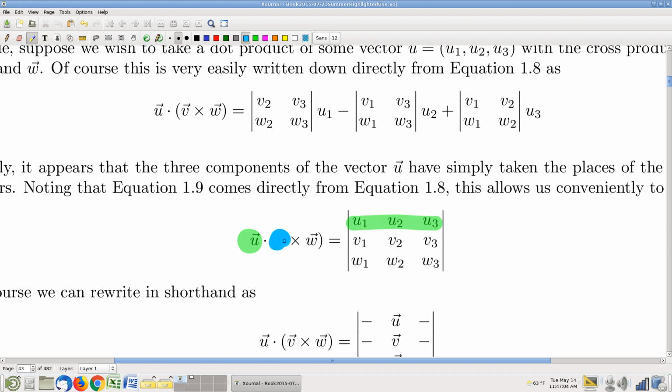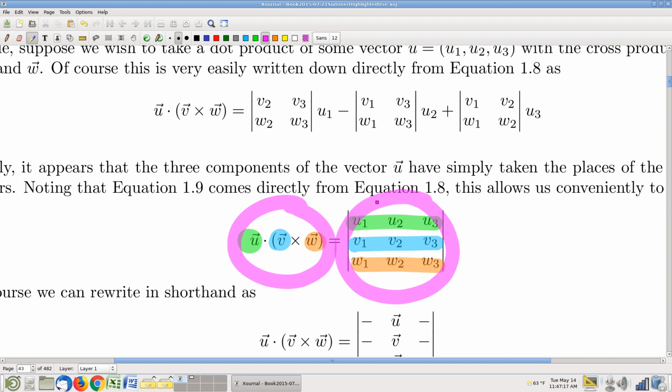The second vector, make that the second row. The third vector, make that the third row. And triple product is determinant. Okay, everybody on board? It's just algebraic weeds. Why this is useful to us is going to reveal itself momentarily. Right now it's just weeds.